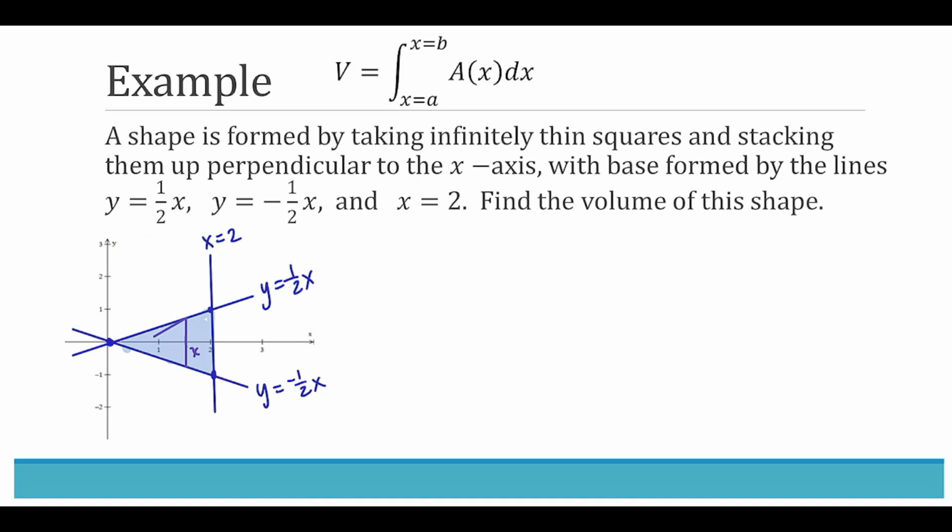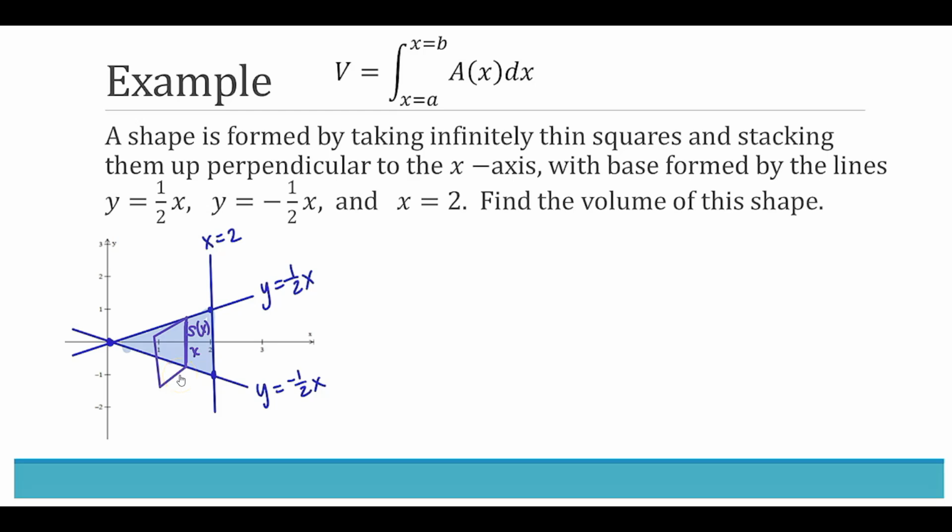I'm going to try to make it look like it's popping out of the screen a little bit. So here is my square, not quite perfect. And notice that the side of the square here touches both the top and bottom function here, and that's the side length of the square. So I'm going to go ahead and call that s of x. That's going to be this length right here.